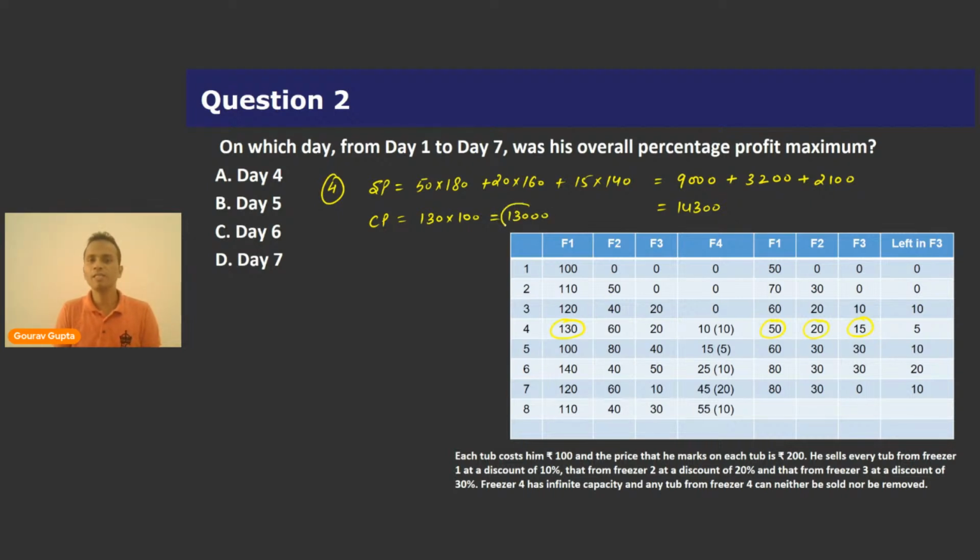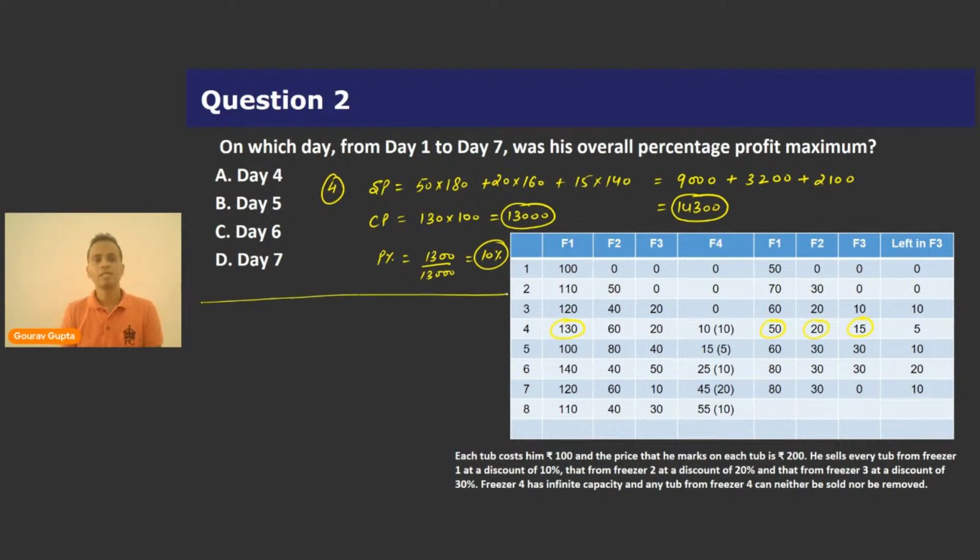Now 13,000 is the cost and 14,300 is the revenue. So I can say that profit percentage is profit, which is 1300 divided by 13,000 multiplied by 100, and the profit percentage is only 10% for day number 4.